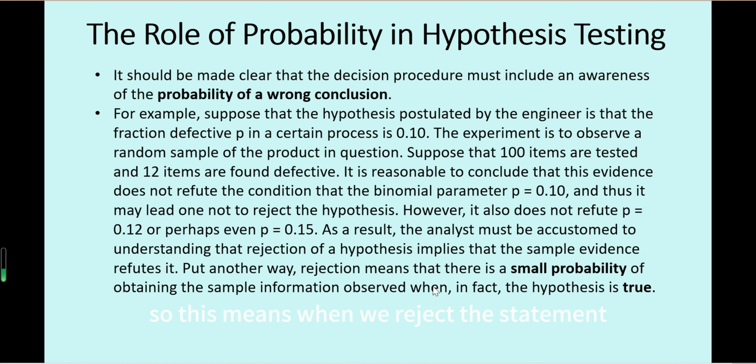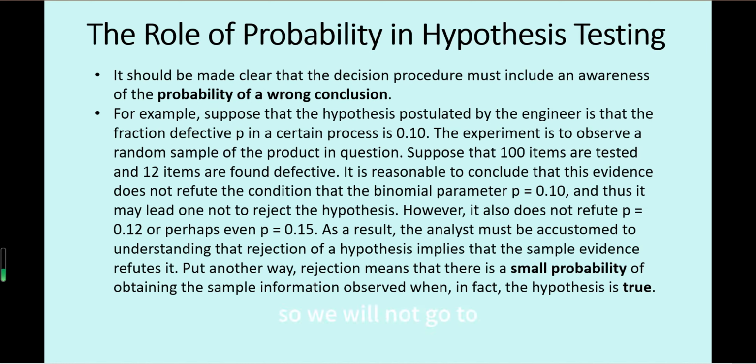So this means when we reject the statement, we always have a probability that we make a wrong decision, a wrong rejection, but we try to make this probability as small as possible. So usually we hope this small probability may be less than or equal to 0.05.